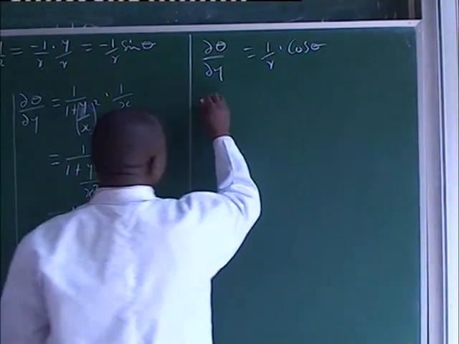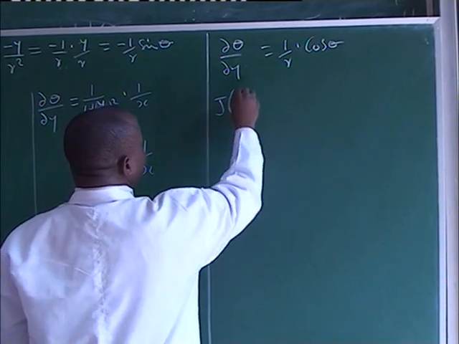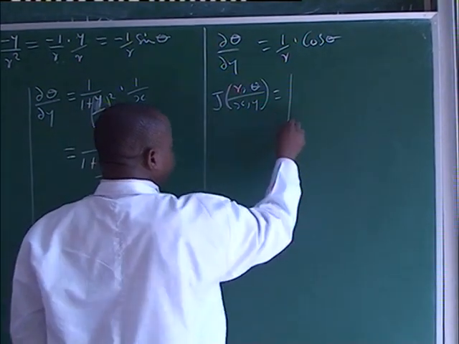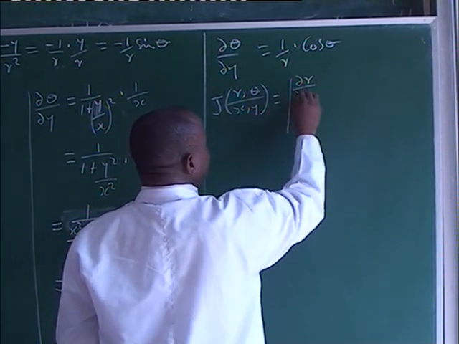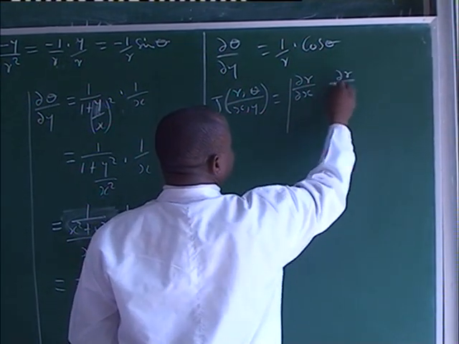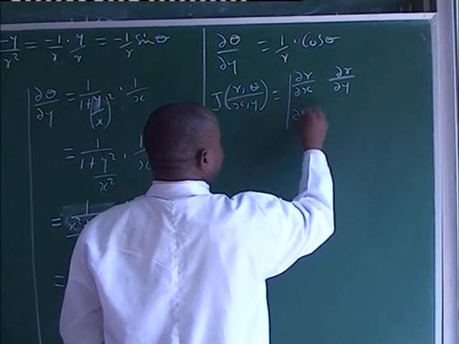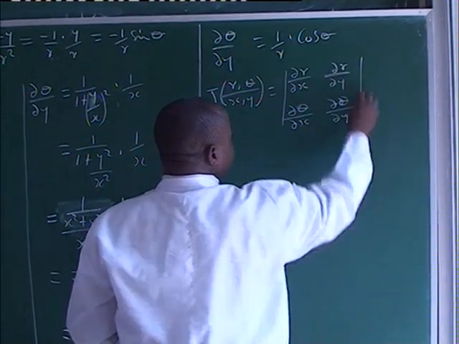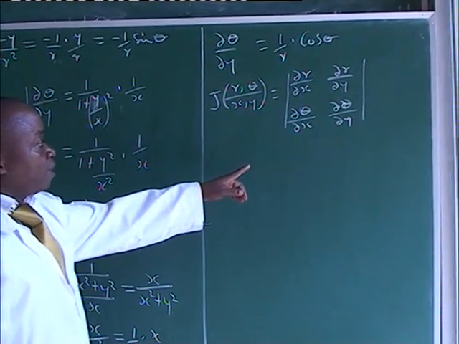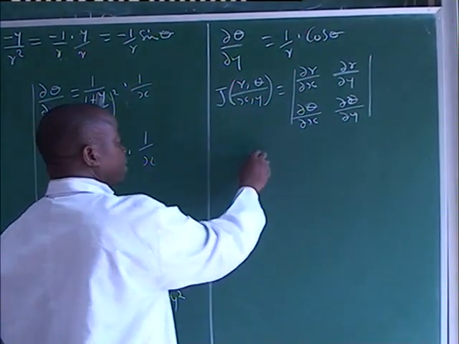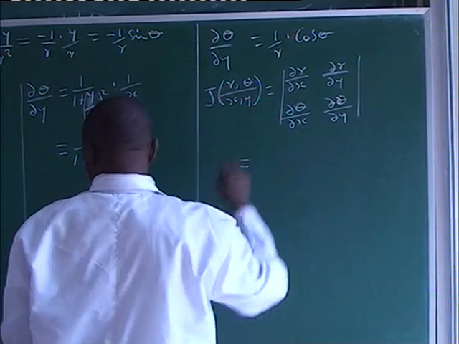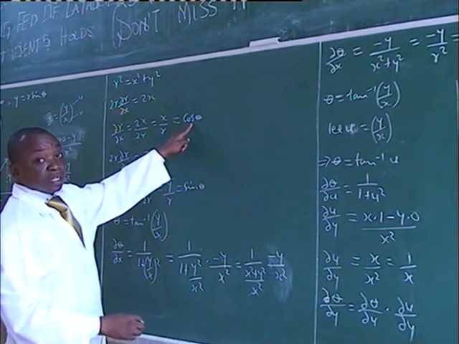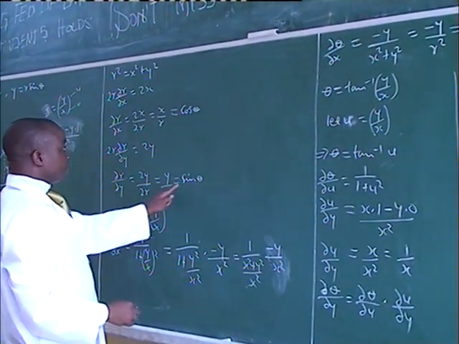So we can now take the Jacobian. Recall that the Jacobian we are looking for is the Jacobian of r theta all over x and y, and it will be defined as the determinant of partial r partial x, partial r partial y, partial theta partial x, partial theta partial y. And so we are going to fix those values now. We have partial r partial x to be cos theta, then partial r partial y was sin theta.